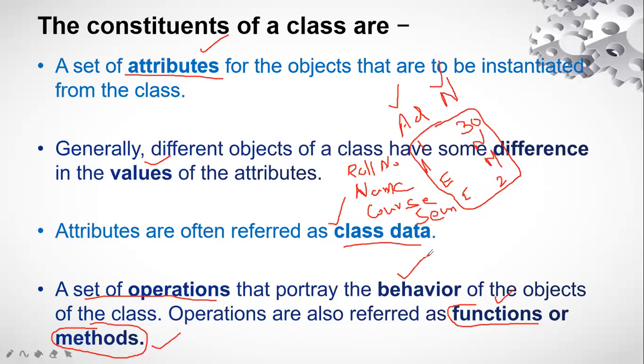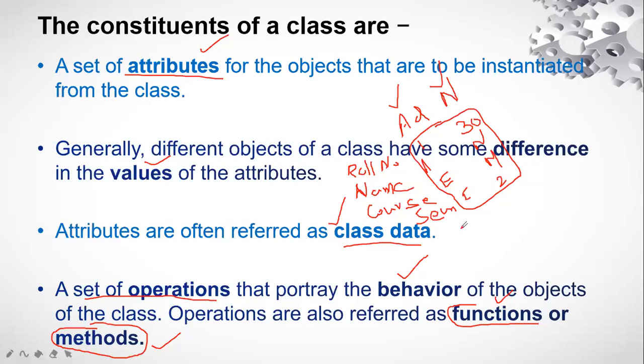This is what an object can do. Whatever an object can do is the behavior of the object, and it is called functions or methods of a class. Let's say when I talk about student, what is the behavior, what is the function of the student? Let it be studying. Fine. So that is what we have.